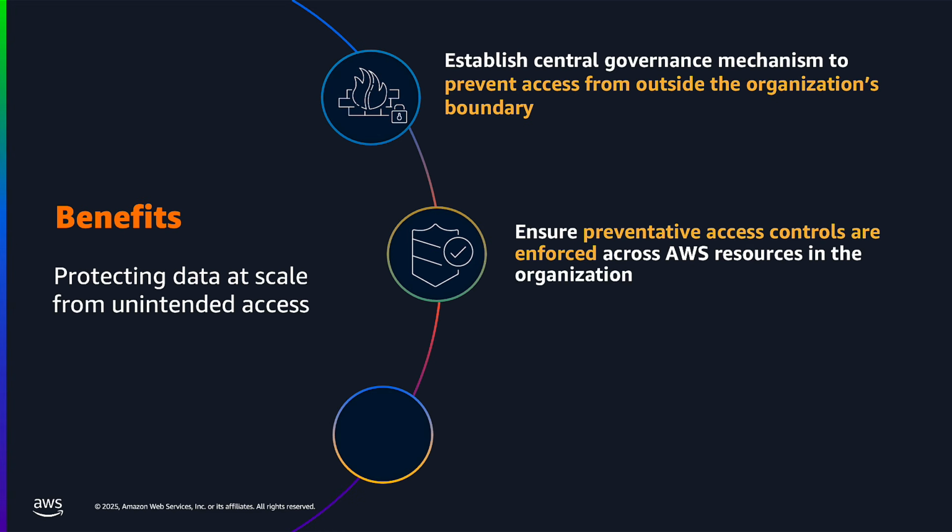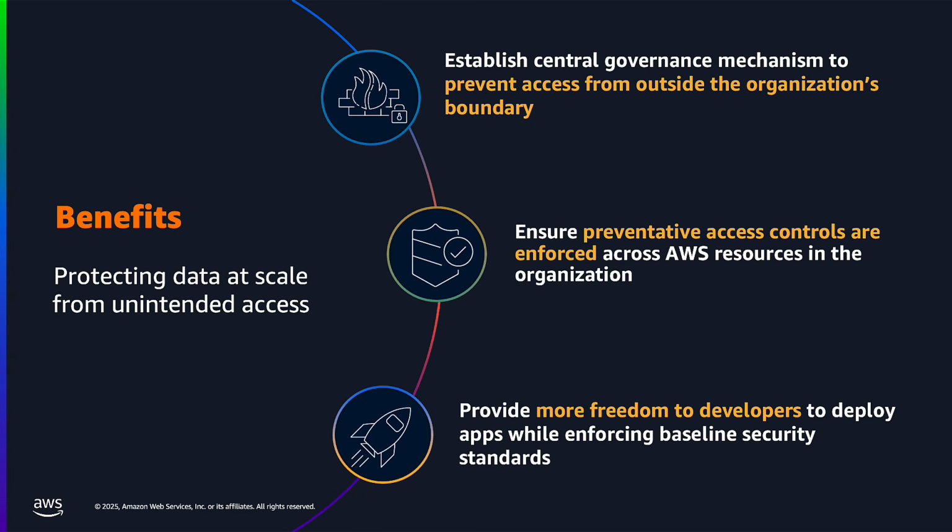For example, to prevent potential attackers from manipulating network traffic, you can deploy an organization-wide RCP that denies access to your S3 buckets if the connection to the S3 bucket is not over an HTTPS or a TLS encrypted channel. This provides developers with more freedom to deploy applications while a centralized security team focuses on enforcing a baseline security standard across the organization.